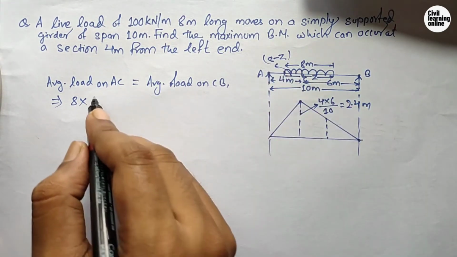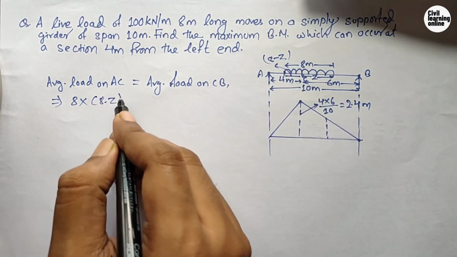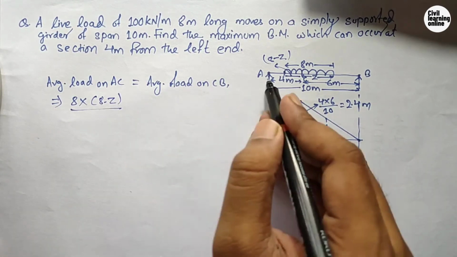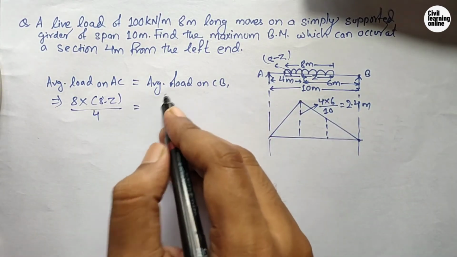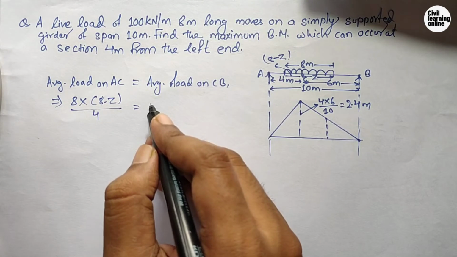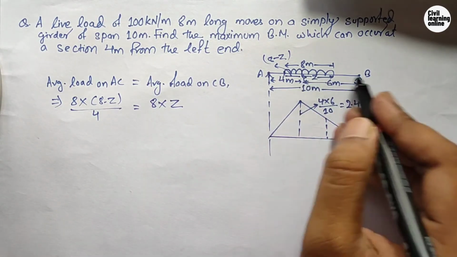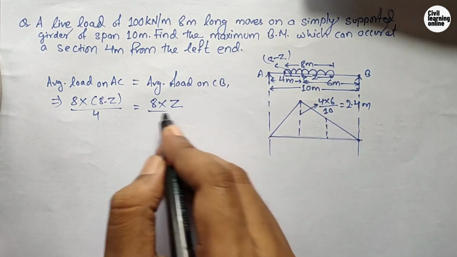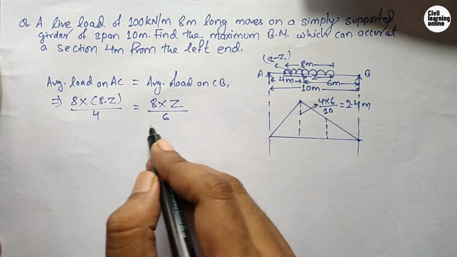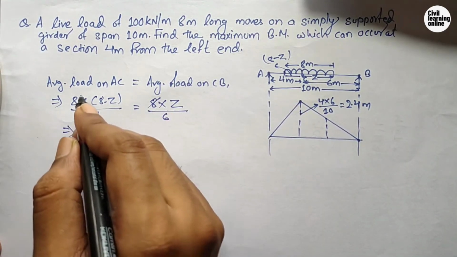So 8 minus Z multiplied by 8 minus Z divided by the span of AC is 4 equals to average load on CB. Again load is 8 multiplied by span of load on span CB is Z, divided by the span 6 meter.